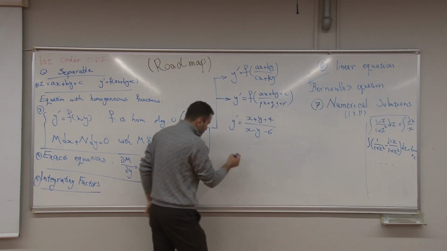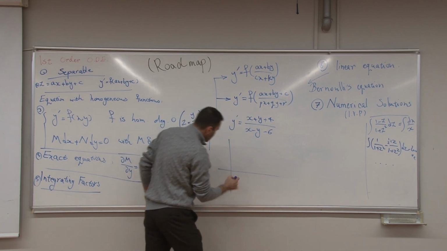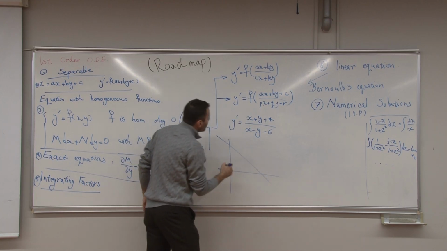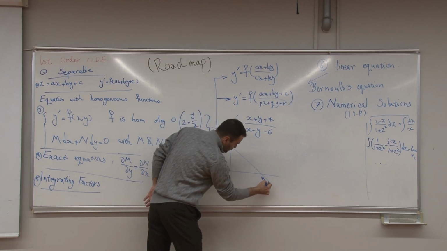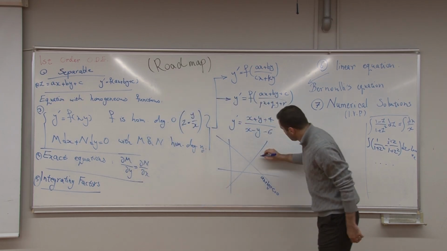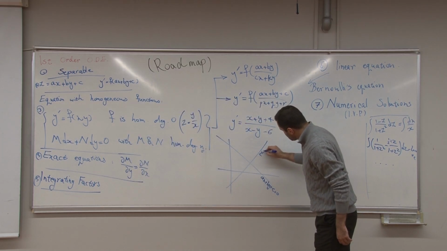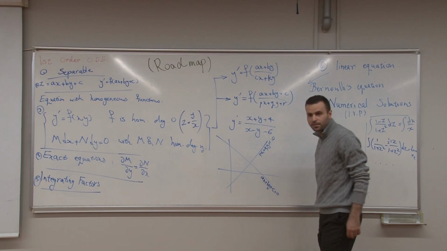First of all, let's assume that this is, for instance, our line ax plus by plus c equal to 0. Let's assume that this is px plus qy plus r equal to 0. Okay?